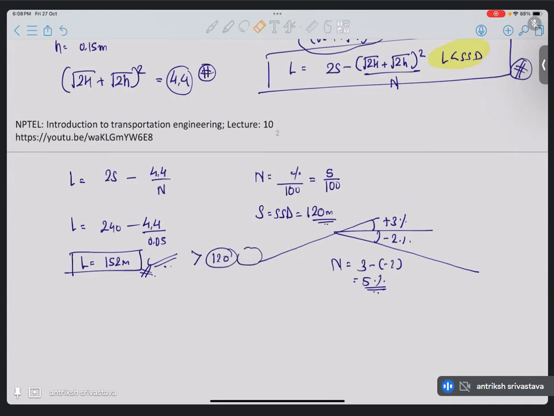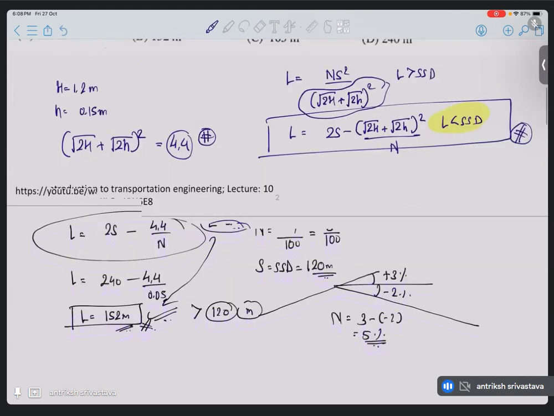So, conventionally, when we are solving a question and we are asked what is the curve length, definitely you are not going to give the answer as 152, because the initial assumption to use this formula was L is less than SSD. But here we are getting L is greater than SSD.